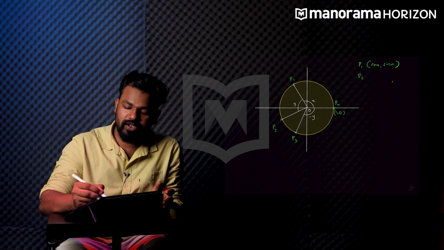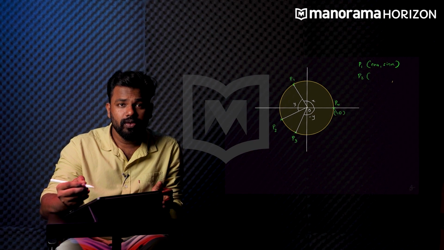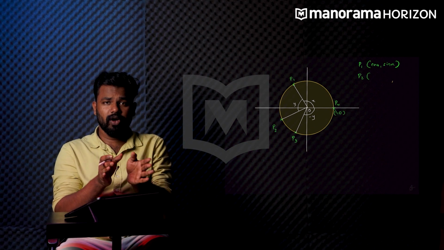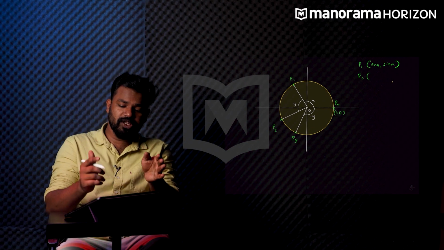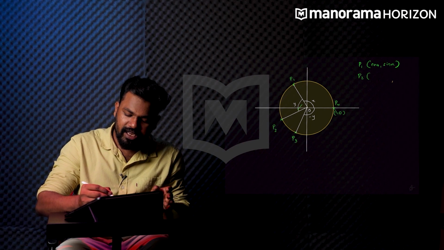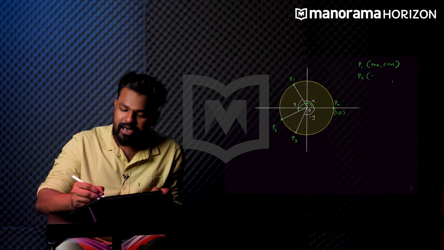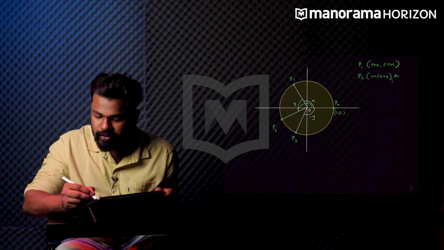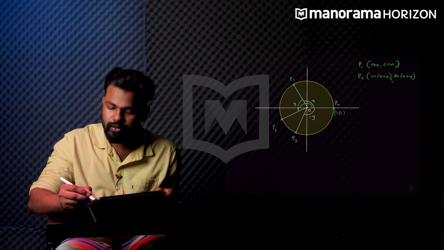That is the coordinates of P1. Now what are the coordinates of P2? The coordinates of P2 will be for an angle which is a sum of x and y, right? This complete angle over here is x plus y. So I can write it as cos x plus y, comma sin x plus y. So that will be P2.